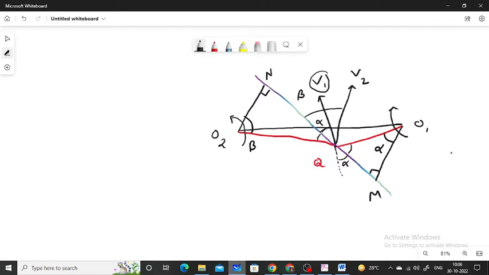So the component of the linear velocities of the wheels along the common normal should be equal to each other. Now the component of velocity of wheel 1 along the common normal is v1 cos alpha, and velocity of wheel 2 along the common normal will be v2 cos beta.